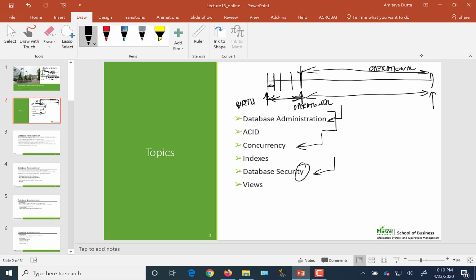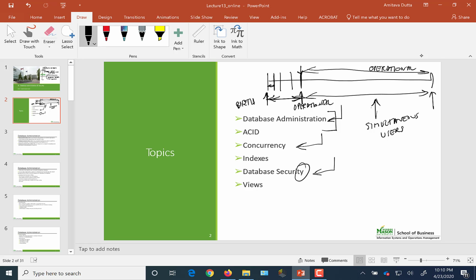So there are a lot of simultaneous users working on the database. In fact, I cannot think of a practical database where you don't have hundreds of simultaneous users, whether it's Hertz, Avis, United Airlines, American Airlines, Marriott, Home Depot, Walmart. I cannot think of a single business database where there aren't hundreds of users simultaneously trying to use the database.